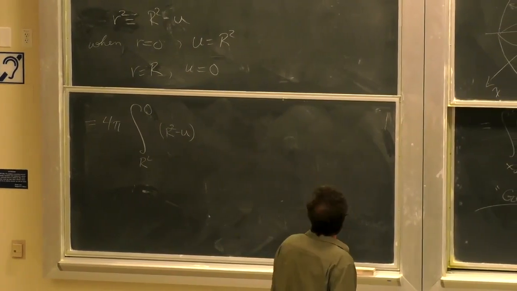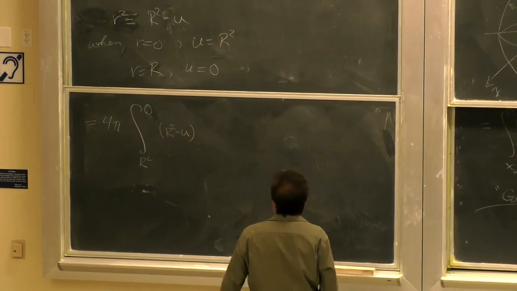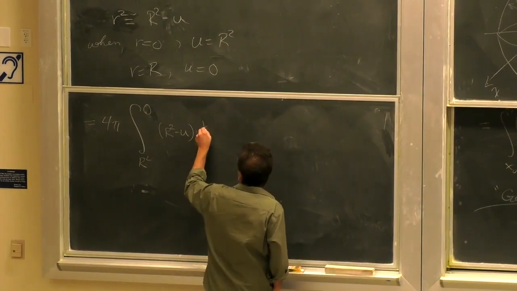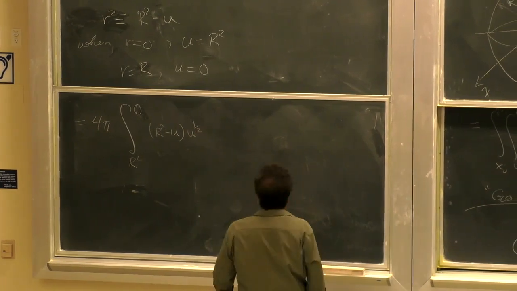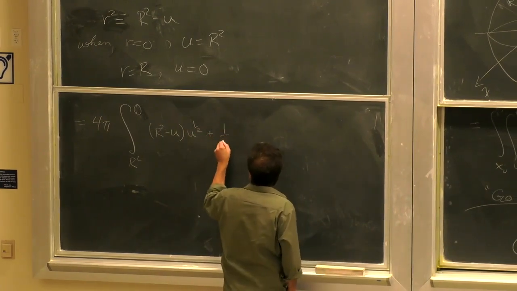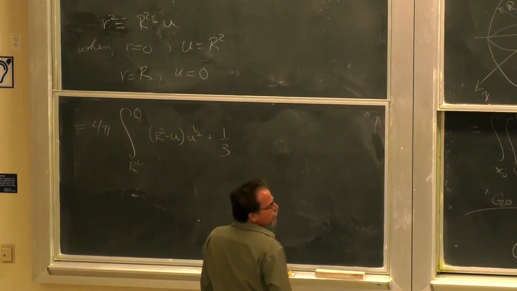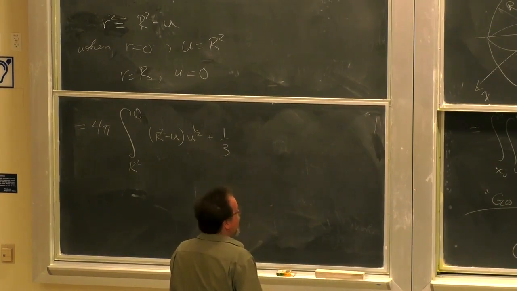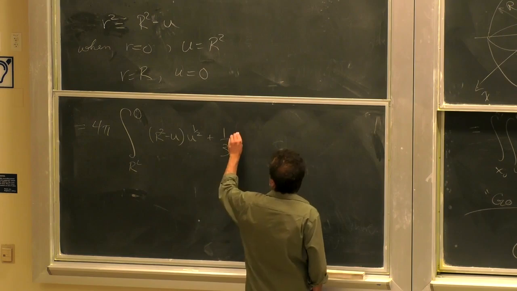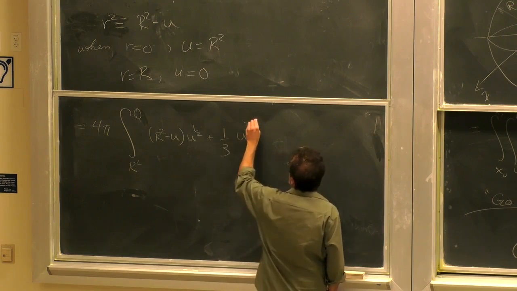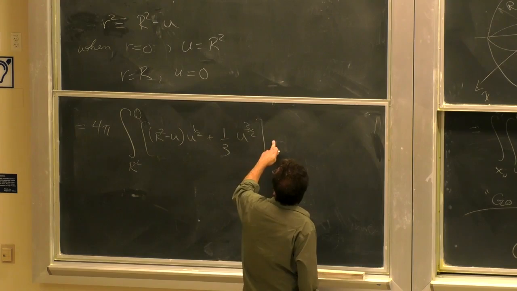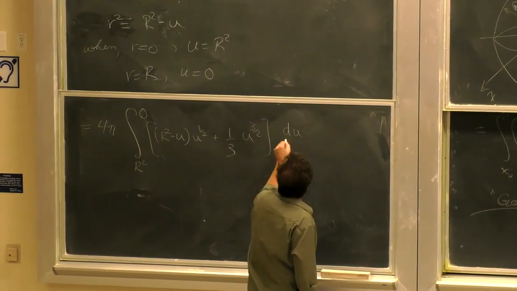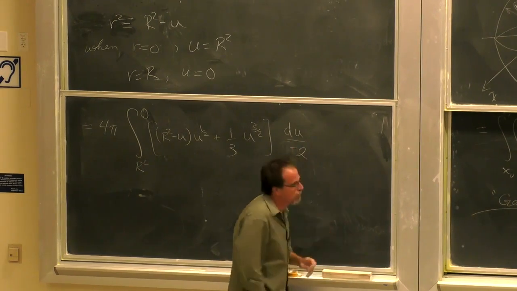And the second term is simply u to the 1/2. And then the last term has a 1/3 and that should be u to the power of 3/2, and r dr gets replaced with du divided by -2.